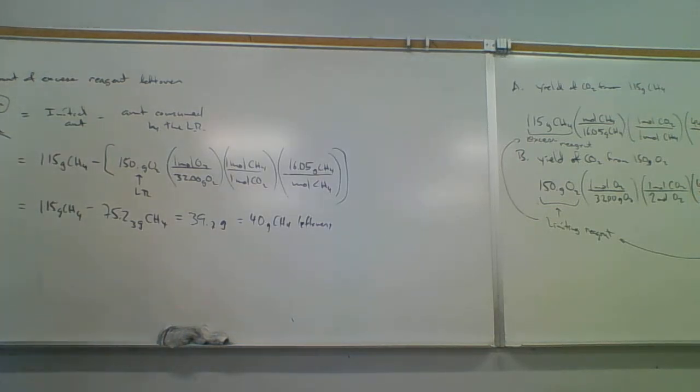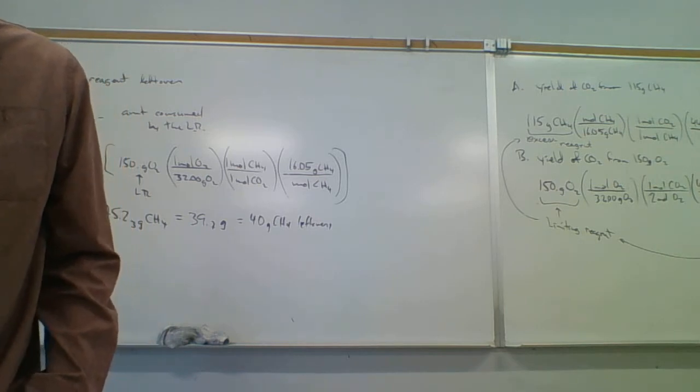So whenever we're given more than one quantity, then automatically it's a limiting reagent problem. We can't assume the other's in excess if it's not specified. If I said nothing about the tires, then we'd assume we have plenty of tires and we'd build 30 bikes.